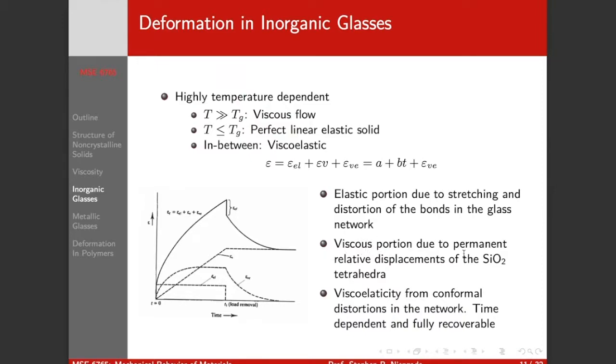So the viscous portion is due to permanent relative displacements of the SiO2 tetrahedra, meaning breaking and reforming bonds. And the viscoelastic portion is due to conformal distortions of the network. Rotations and changes, stress-driven rotations and other types of shifts in the network that have a time-dependent nature and are recoverable.